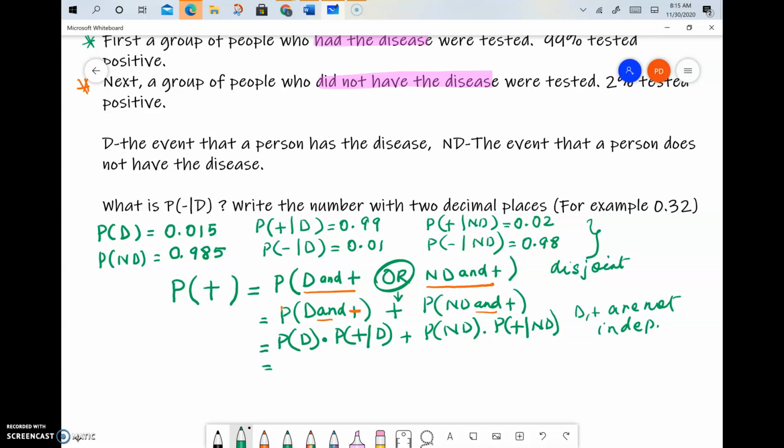Now all we do is plug in the numbers. So probability of disease 0.015 times probability of positive given disease is 0.99 plus probability of no disease is 0.985 times probability of positive given no disease, which is 0.02.